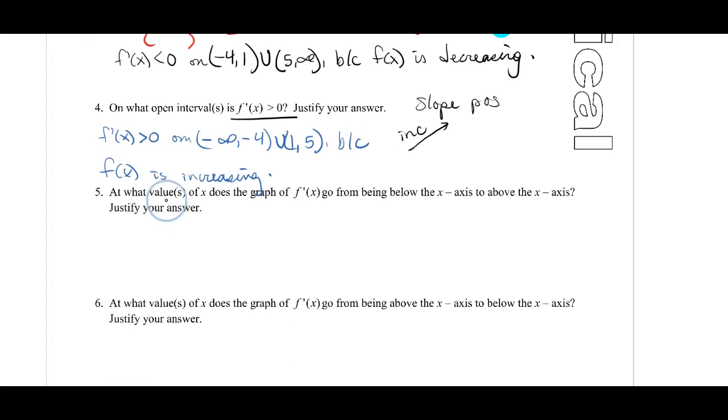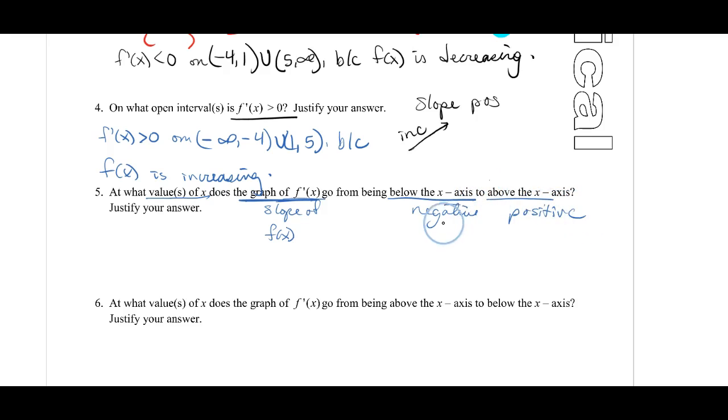Next question asks, at what values of x, so I'm looking for x values, does the graph of the derivative go from being below the x-axis? So the graph of the derivative, that's the slope of the function. And below the x-axis means negative, to above the x-axis, that would be positive.